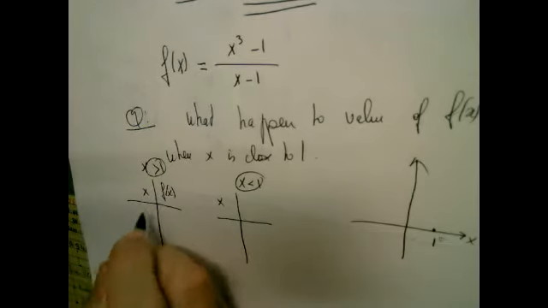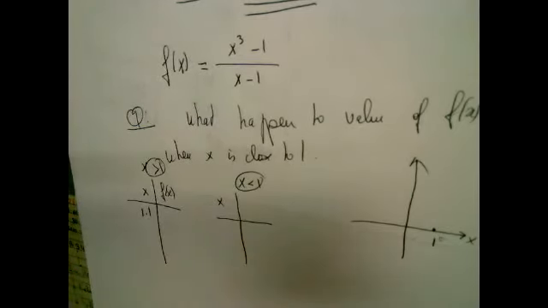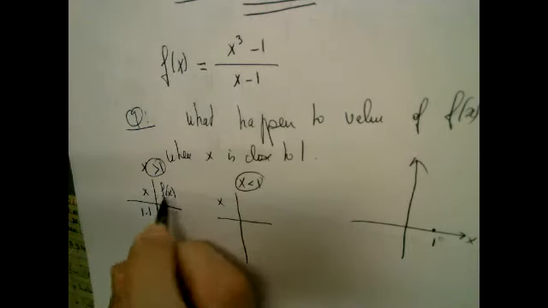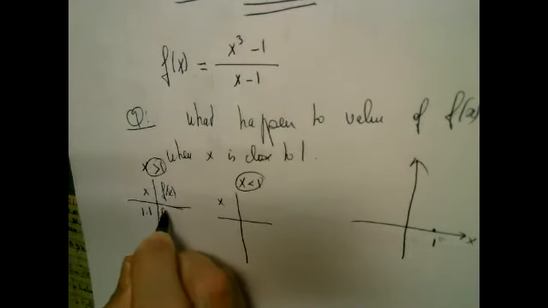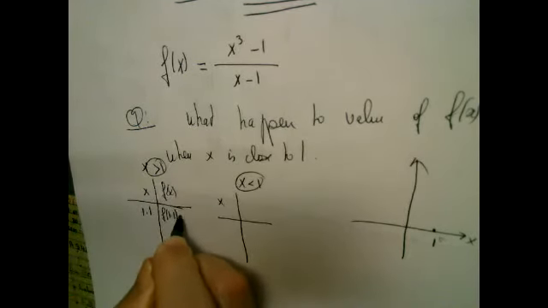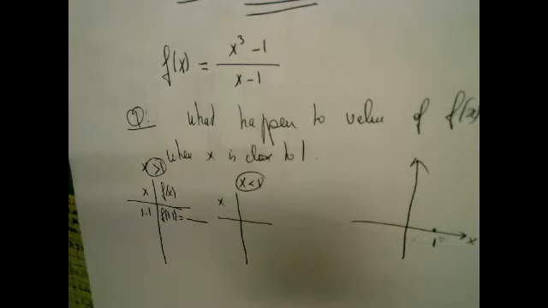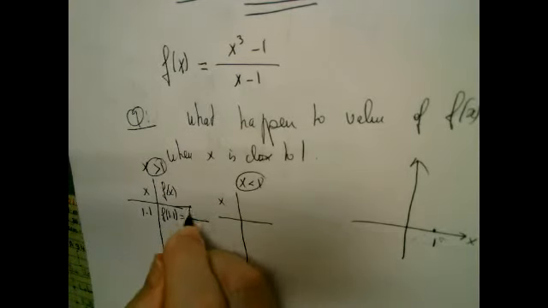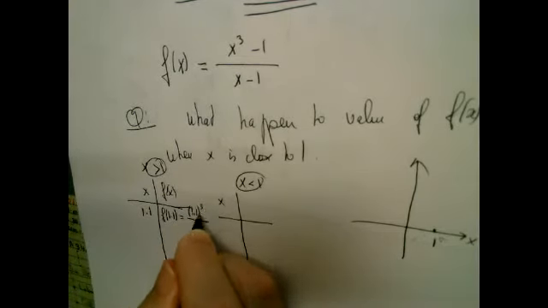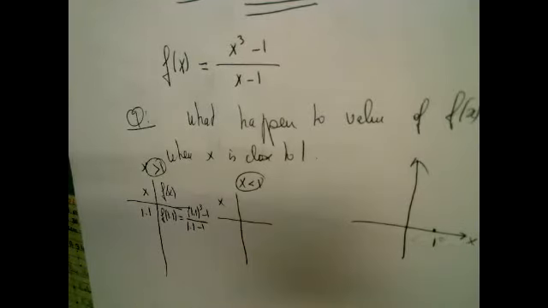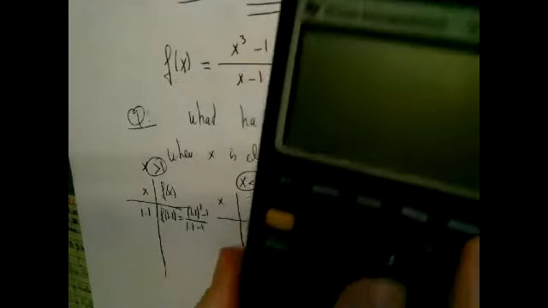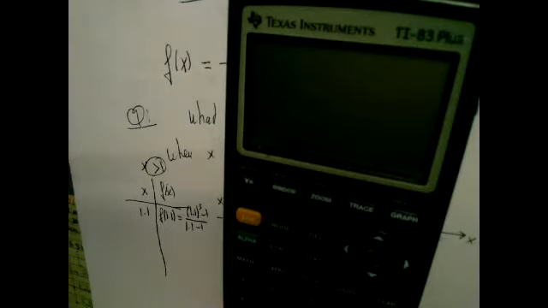I'm going to take the value 1.1, and I'm going to do nothing more than evaluate the function near 1. I'm going to plug 1.1 into the expression of the function, and use my calculator, pure and simple, to evaluate this.